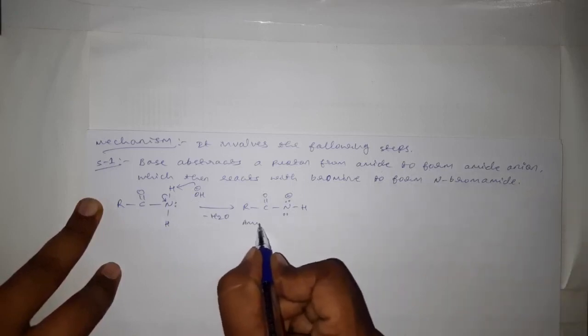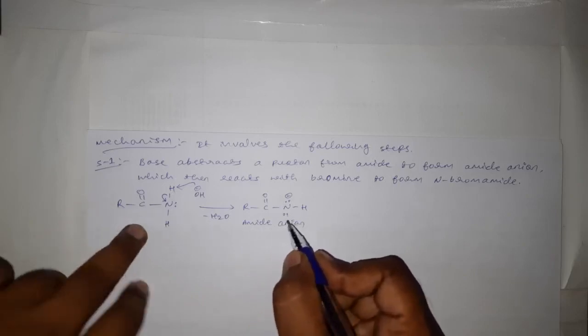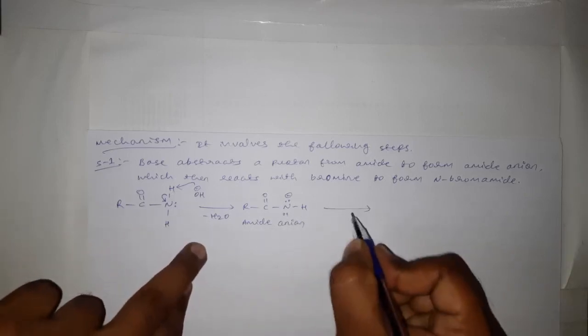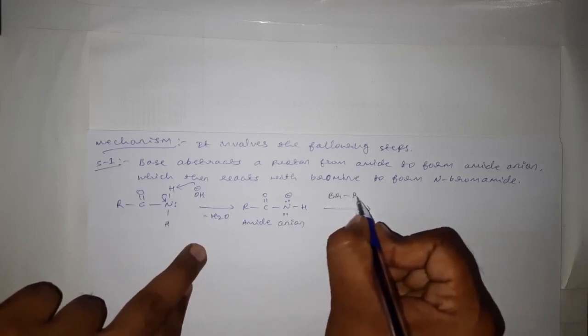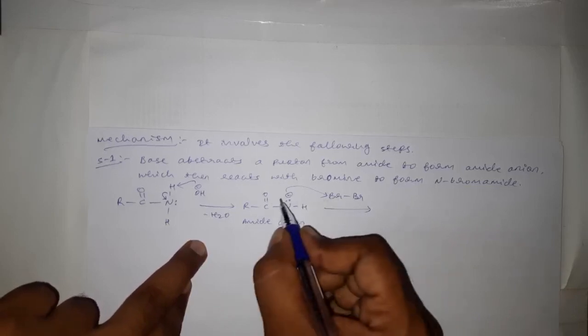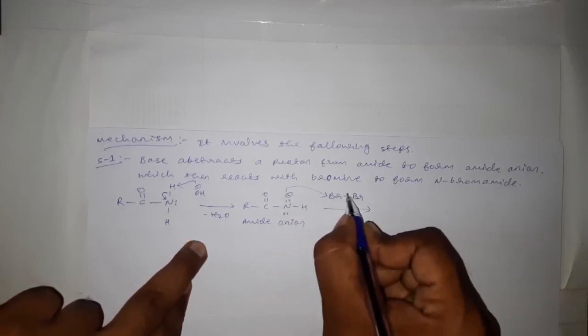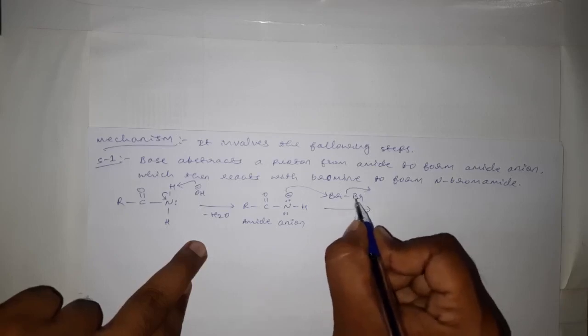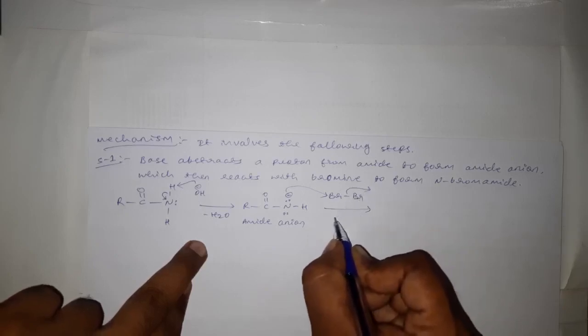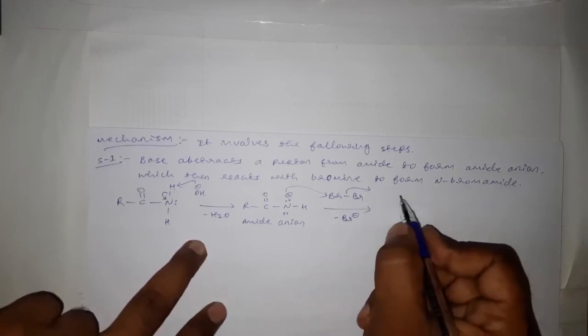This is the amide anion, and this amide anion will now react with bromine. It will abstract one of the bromine atoms, and the bonded pair of electrons will move with the other bromine, and we get Br minus. Bromide ion will go out.